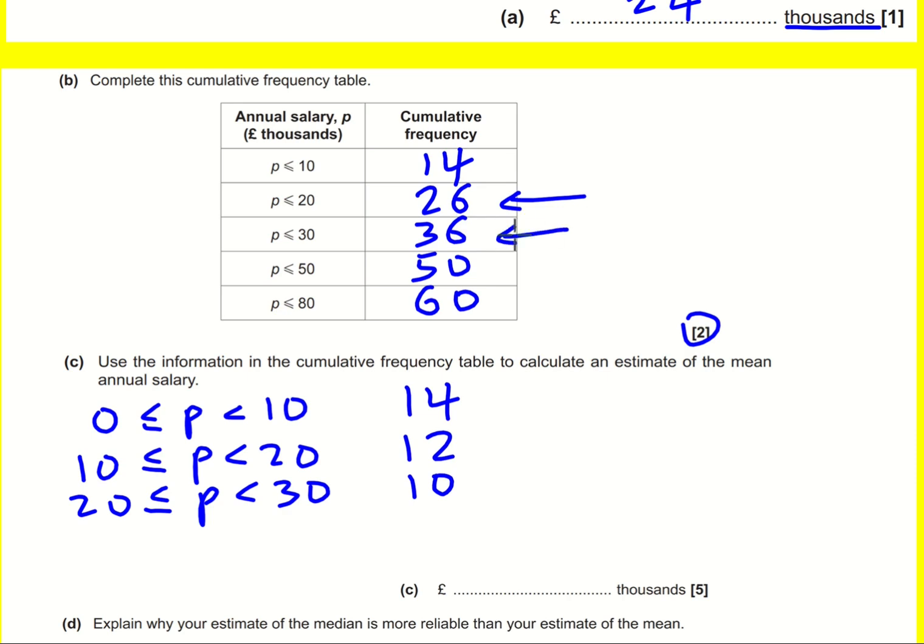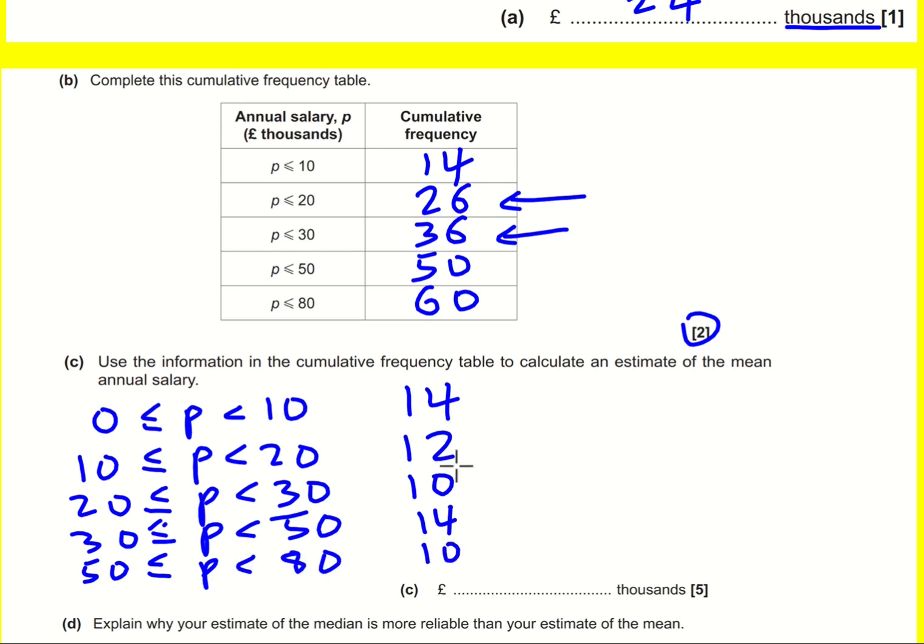It's the difference between 36 and 26. 30 to 50. That's going to be 14. And 50 to 80 is going to be another 10. So you can see it's still going to add to 60.